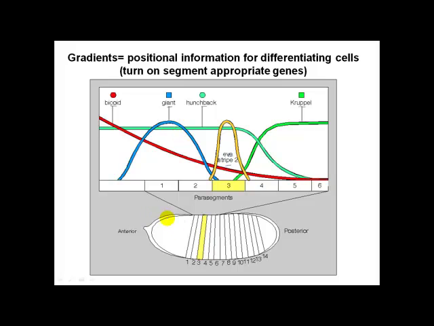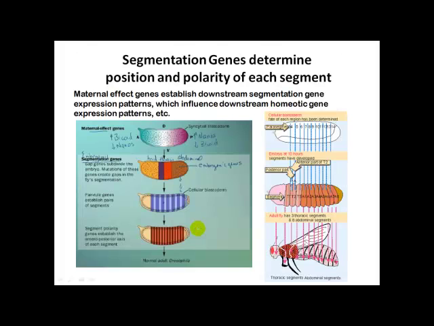So as development proceeds and we go further and further along and approach morphogenesis into the adult, each of those specific segments is going to see different sets of effector genes get switched on finally that are actually going to be responsible for forming the anatomical structures that define that region of the fly.